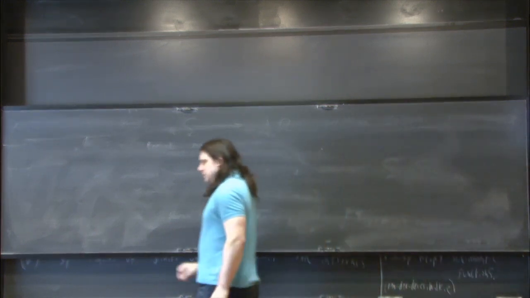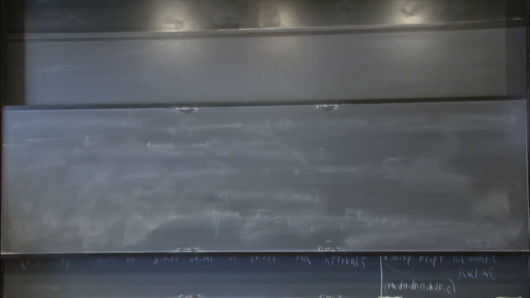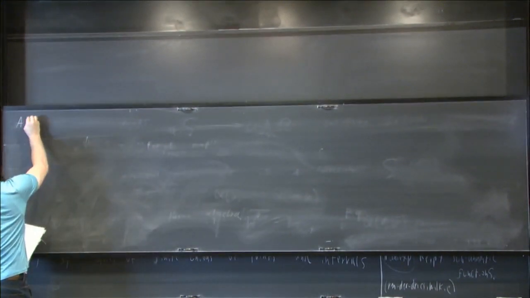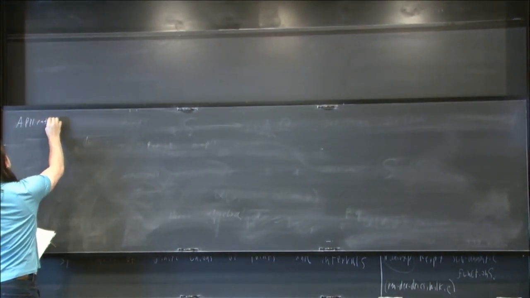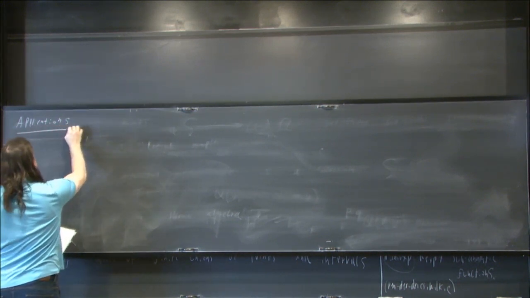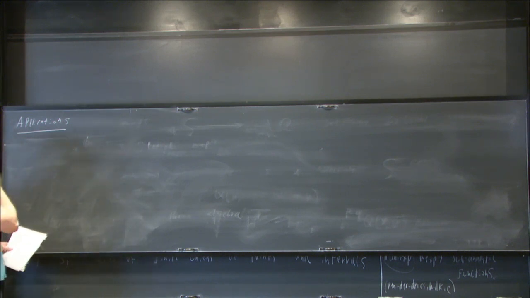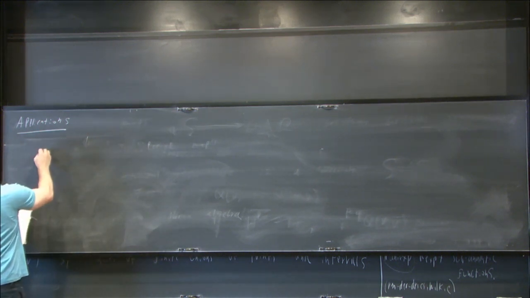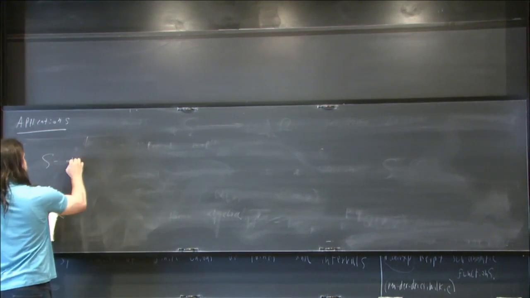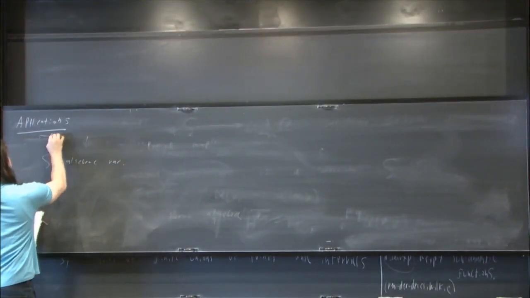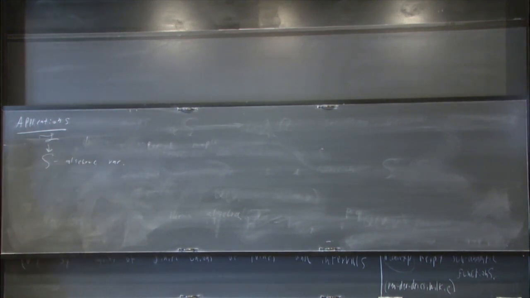One strong piece of evidence for the Hodge conjecture is the theorem of Cattani-Deligne-Kaplan, which says the following thing. Suppose S is an algebraic variety, and you have a local system over it, and you have some variation of Hodge structures.